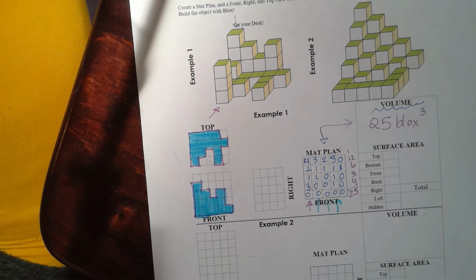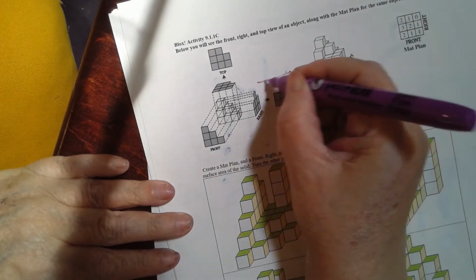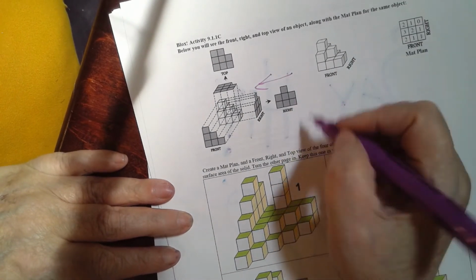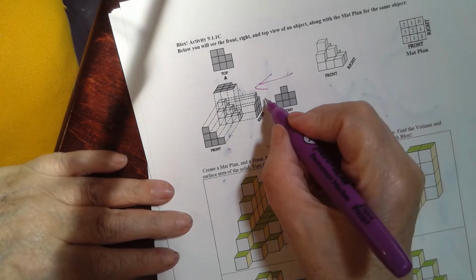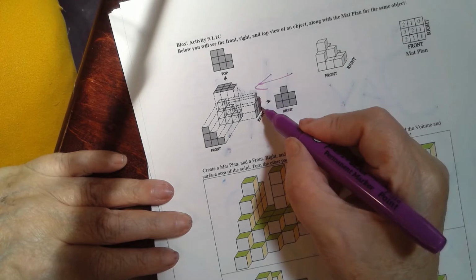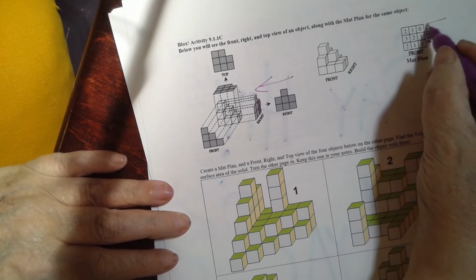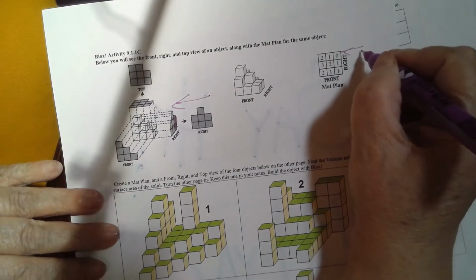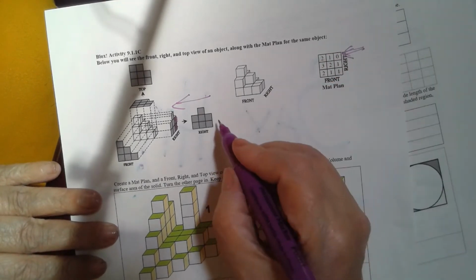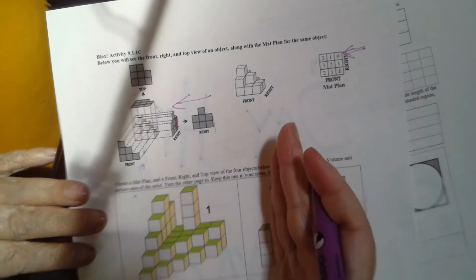The right-hand view is literally when we look straight at the object from this direction. The far back is really what we're seeing here. So that far back ends up being the front right.